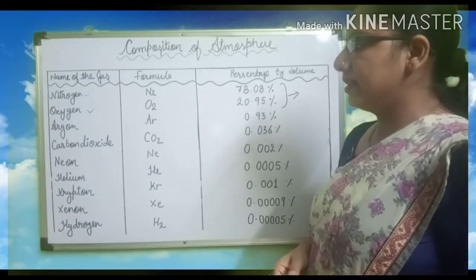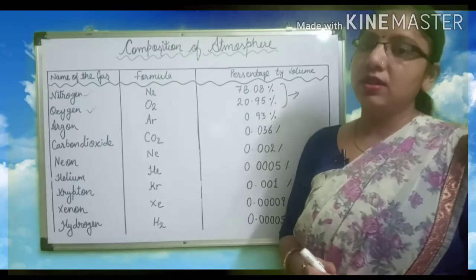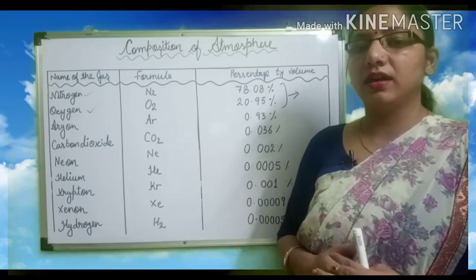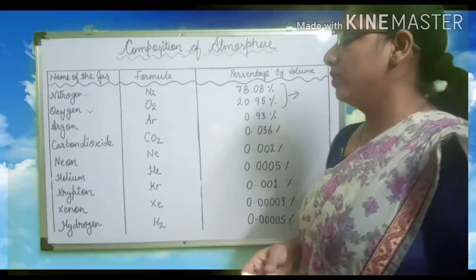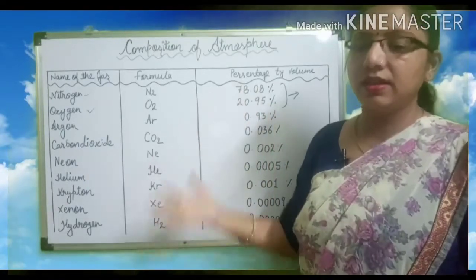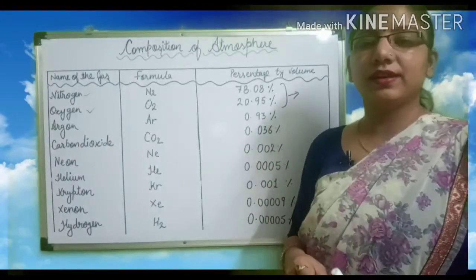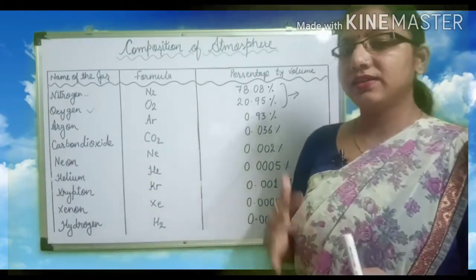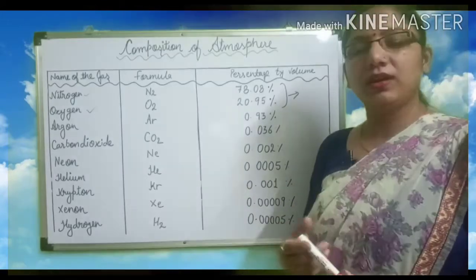If the amount of oxygen were more than the nitrogen, then, as you know, insects have oxygen in their body, so insects could be larger in size compared to human beings. Maybe you have seen in many movies that insects are in a big size. So the oxygen is in a limited amount, that is 20.95%.